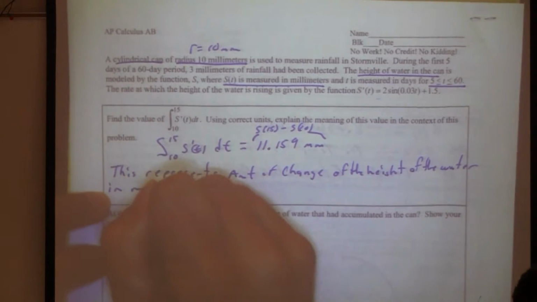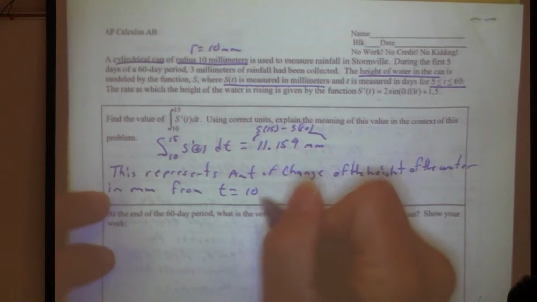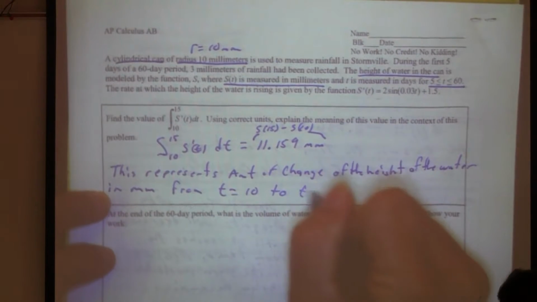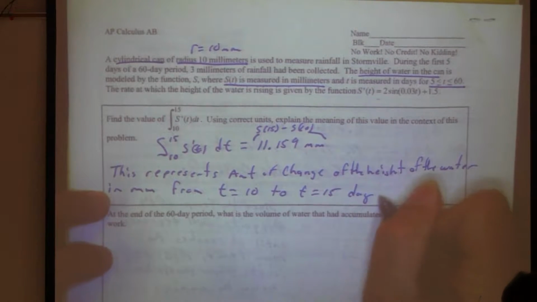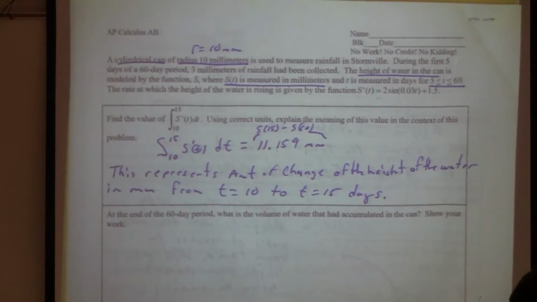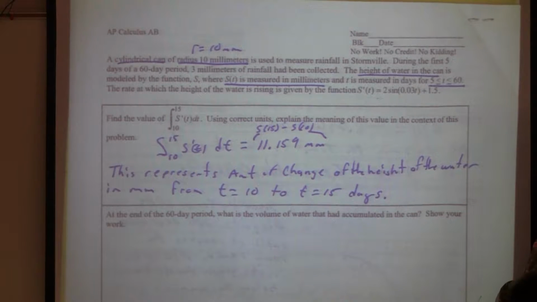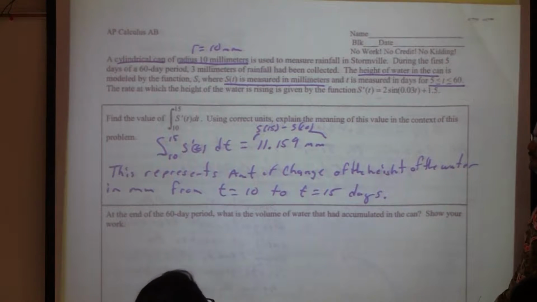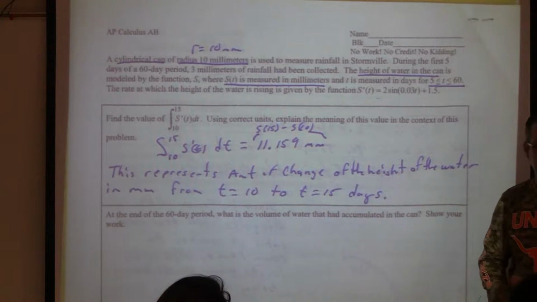In millimeters, from t equals 10 to t equals 15 what? Days. Pretty good? That tells us how much the height of the water changed from 10 to 15. The height increased, how much?